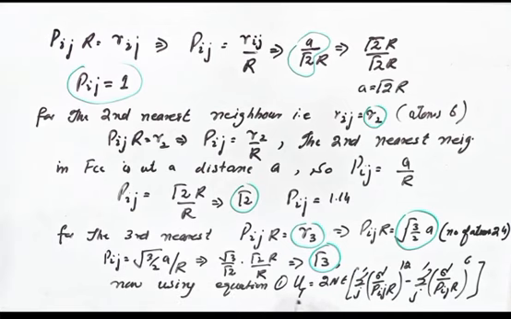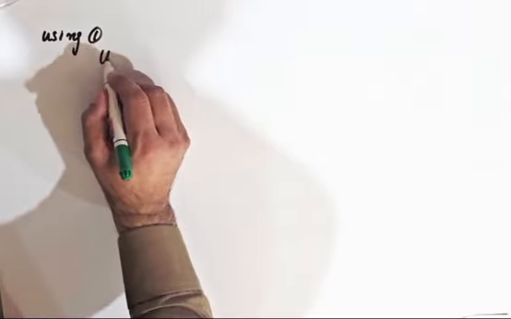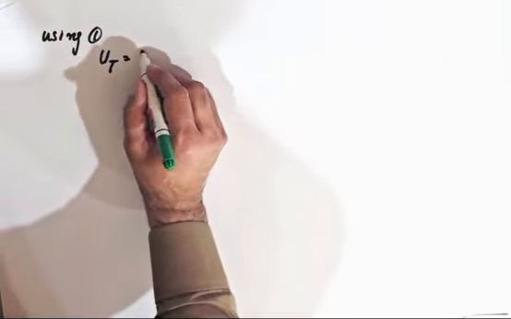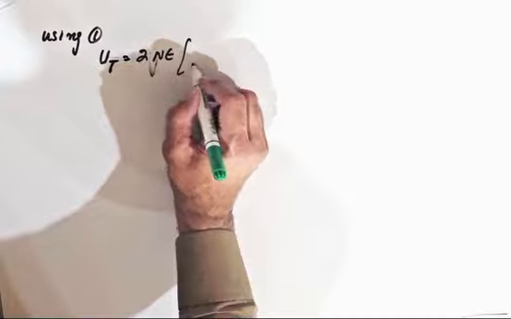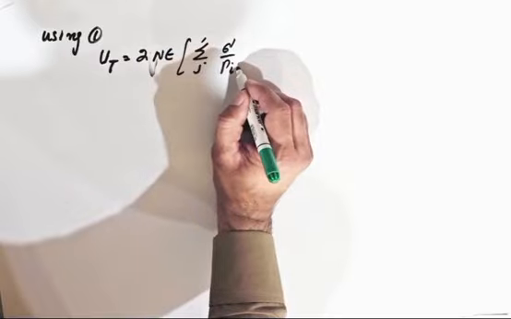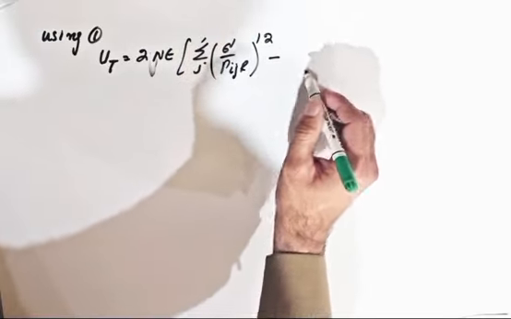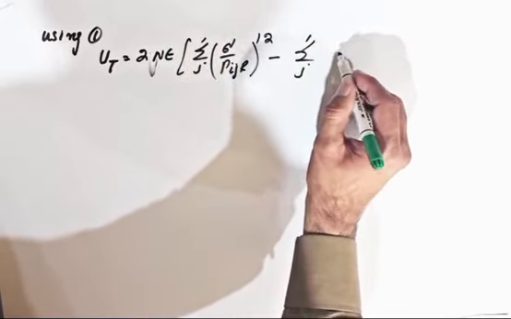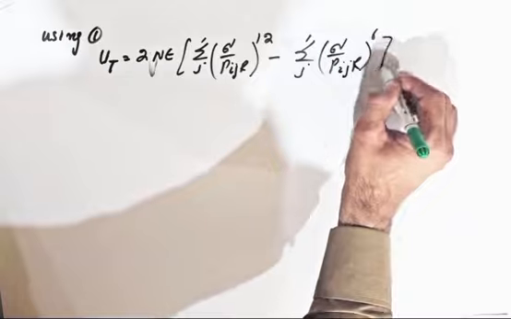Now using equation 1, the total potential U equals 2NE, summation over j of (sigma divided by Pij R) to the power 12 minus summation over j of (sigma divided by Pij R) to the power 6.